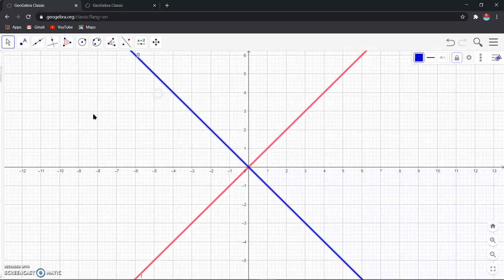And the blue line that you can see here, which is in the second and the fourth quadrant passing through the origin, is the line y is equal to minus x, right? So first let's look at x equal to 0. When x is equal to 0, the red line is at 0 and the blue line is also at 0. So that is the common value it takes.